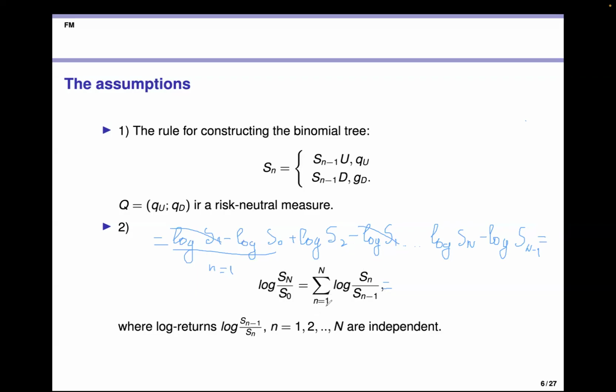If we write this for n equals 3, it will be log S3 minus log S2. So log S2 is crossed out, and this log will be crossed out up to n capital minus 1. And as a result, we have just log Sn minus log S0. But the difference of these logarithms is exactly log Sn divided by S0, okay?